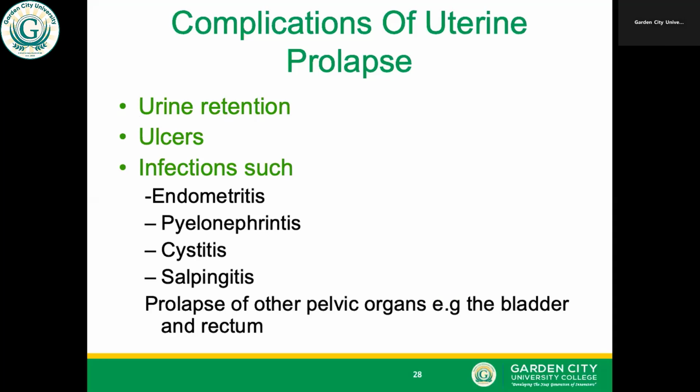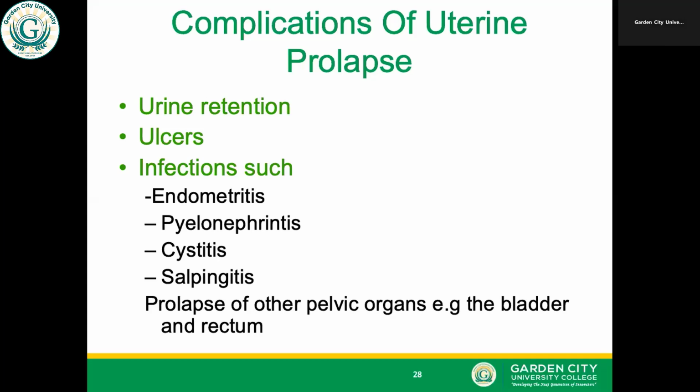And also we have infections. So these are all complications. Infections such as endometritis, which is infection in the endometrium. Then we have pyelonephritis, because there is the pulling down of these ligaments, and the nephrons too will be affected because there is a connection between the uterus and the bladder.